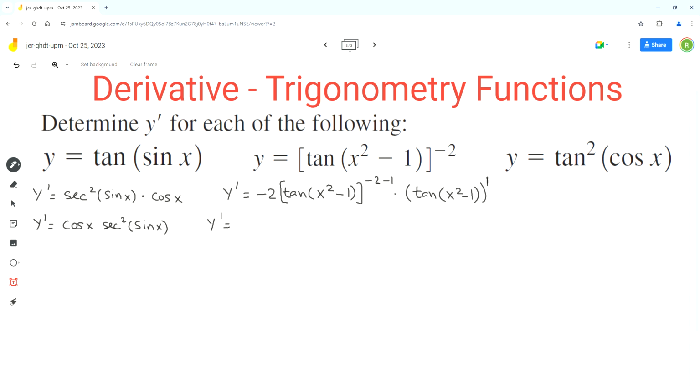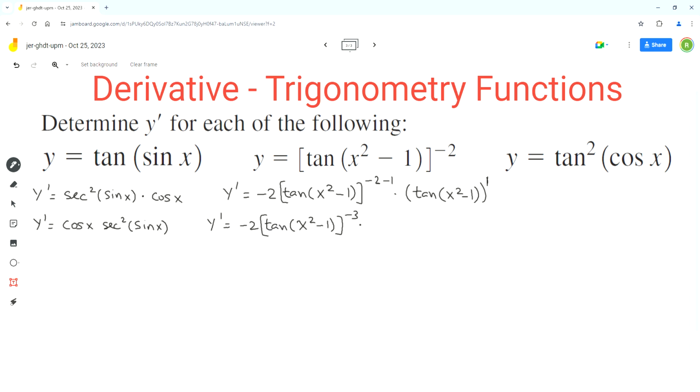So in the first part we can simplify the exponent. -2 minus 1 is -3. Times. Now we'll use chain rule again.